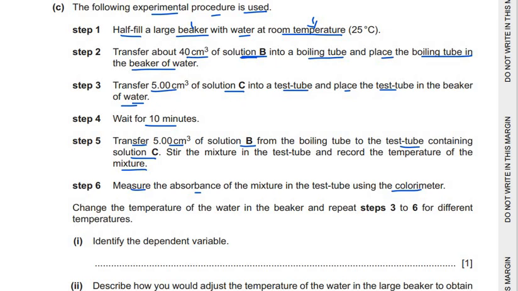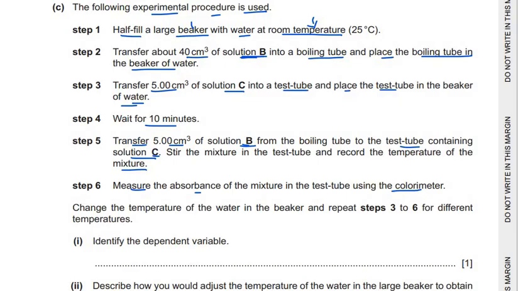We are waiting for 10 minutes so that the temperature of both solutions remains constant at 25 degrees Celsius, and then we are mixing solutions B and C. Obviously the red color will be produced, as we have seen that the ferric thiocyanate solution is red in color. So measure the absorbance of the color with the help of a colorimeter.